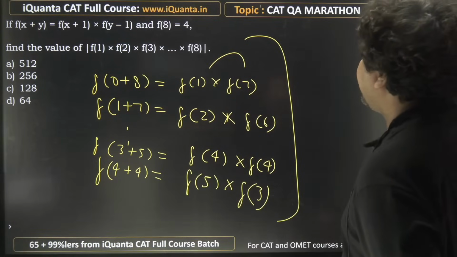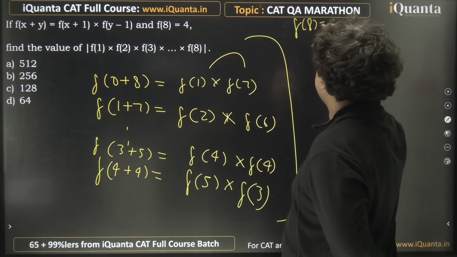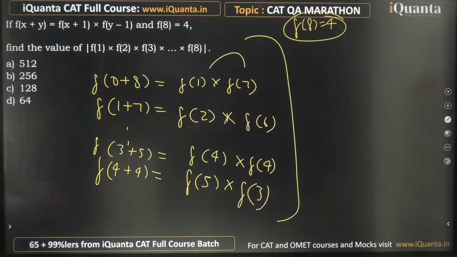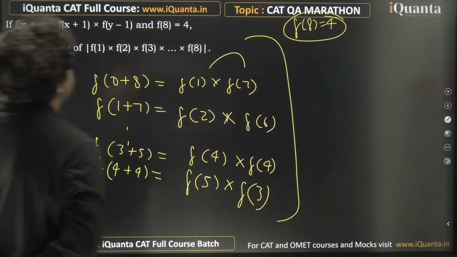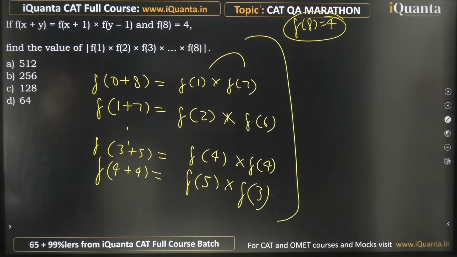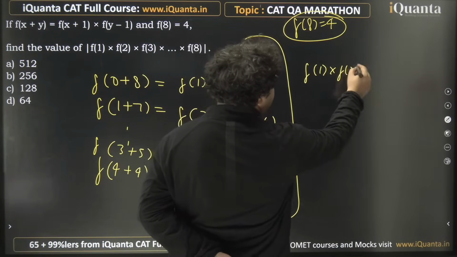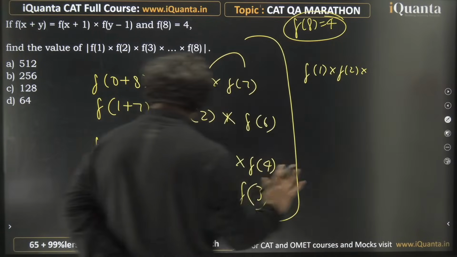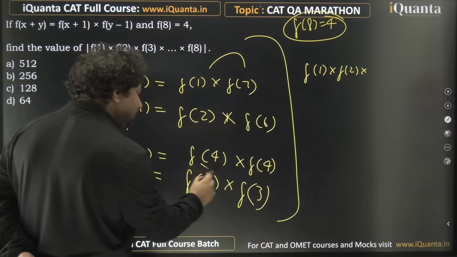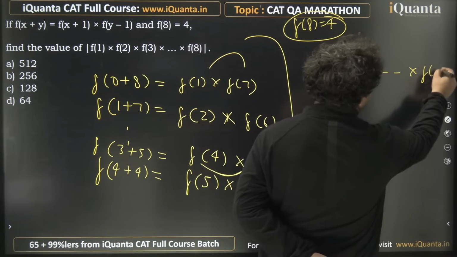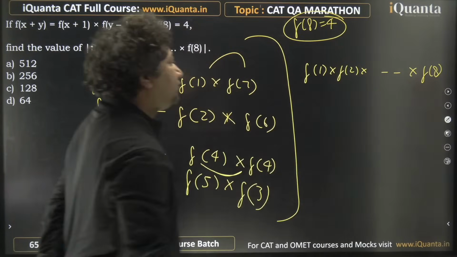And by the way, the value of f8 is given, this is what we know already. So if I write all of this, f1 into f2, you can see that f4 is getting multiplied by f4, and in the end we have f8 whose value is known, that is 4.